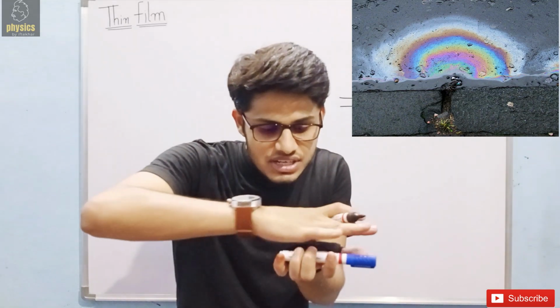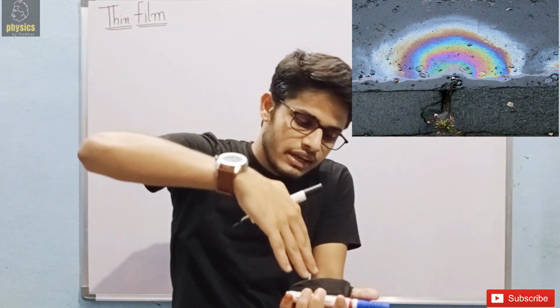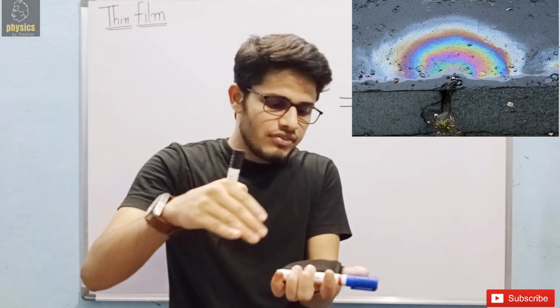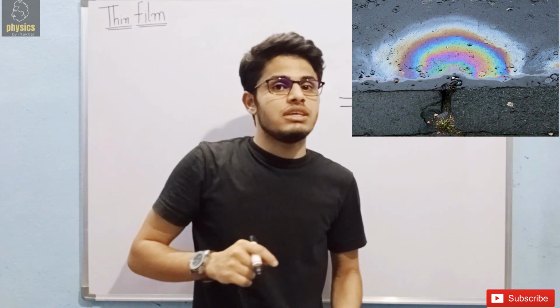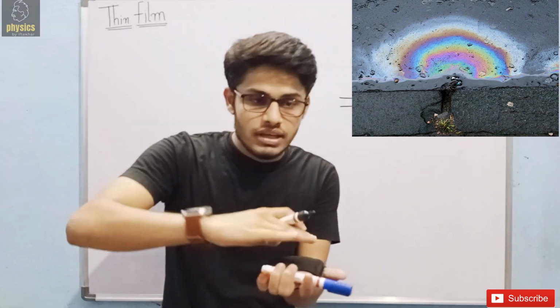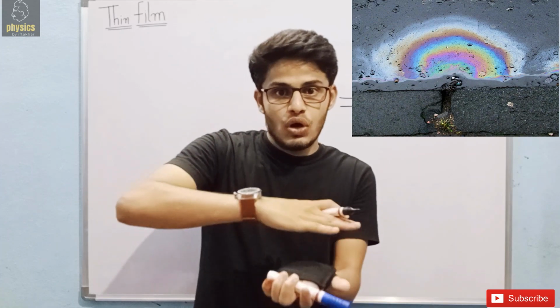So that transparent sheet will act like a thin film. When white light from the sun falls on it, that white light will undergo interference, and because of that interference we see colors on the oil drop on the road. That is the reason why we see the fringes on the oil drop.